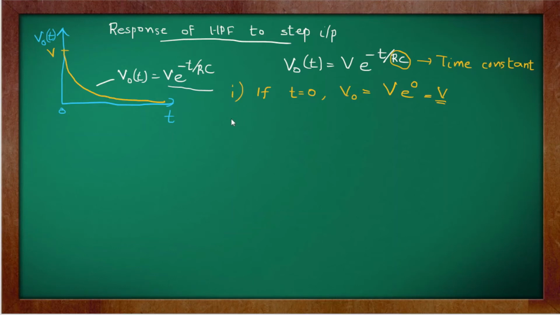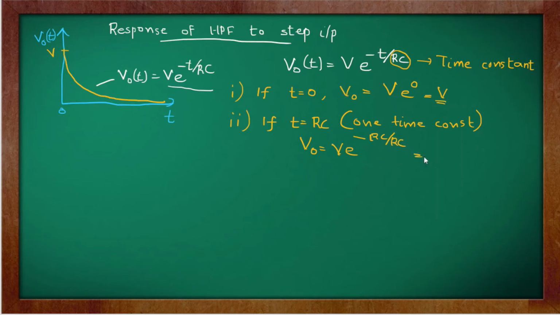Now, case 2, if t is equal to RC. RC means one time constant. So what happens if t is equal to one time constant? V naught is equal to V e raised to minus RC by RC.